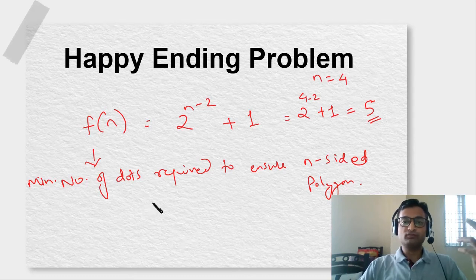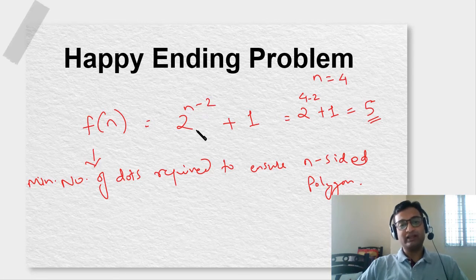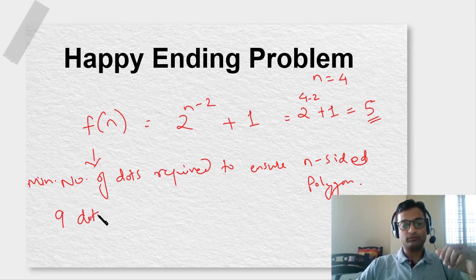Now if you want to check for a pentagon as well, you can just plug in the value 5 over here. So 5 minus 2 is 3, right? 2 to the power 3 will give you 8, and 8 plus 1 is 9. So you need 9 dots to make a convex pentagon. Interesting, right?